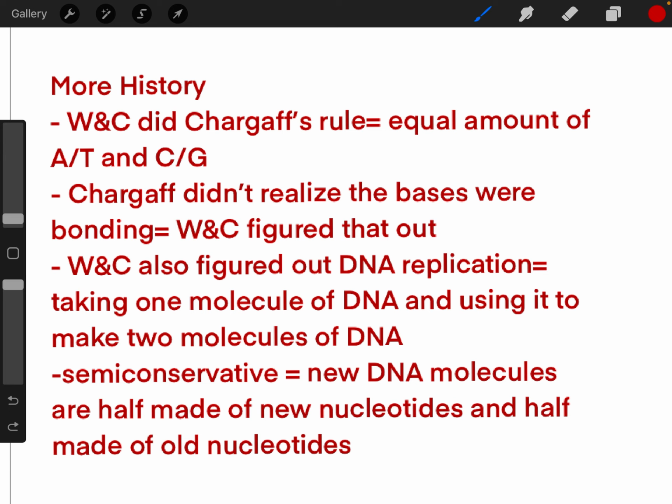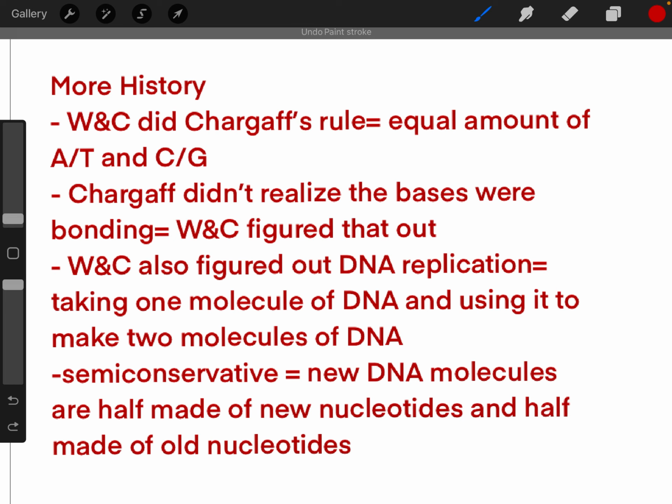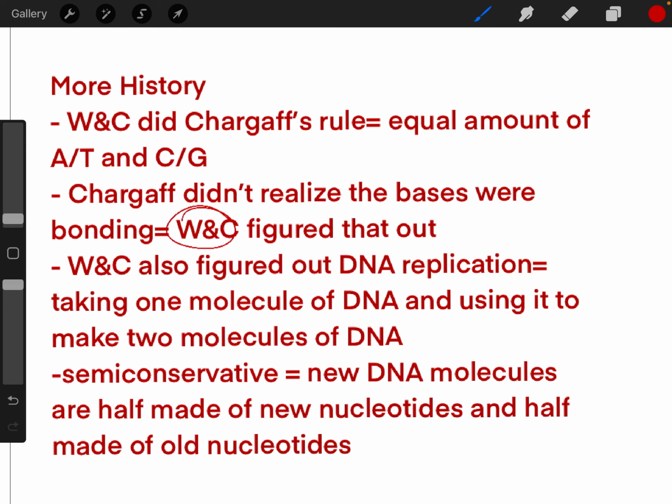Chargaff's rule says there are equal amounts of adenine and thymine, so if you have 20% adenine, you have 20% thymine, which means you have 60% left over shared between cytosine and guanine. There are equal amounts of cytosine and guanine, so you have 30% cytosine and 30% guanine. But what Chargaff didn't realize was that the bases were actually bonding, so Watson and Crick figured that out.